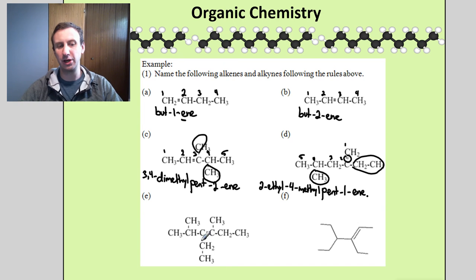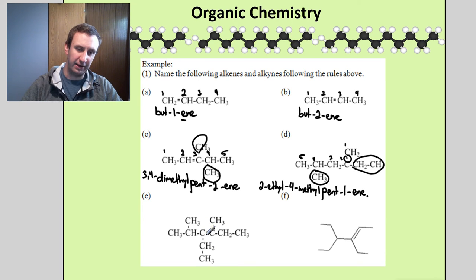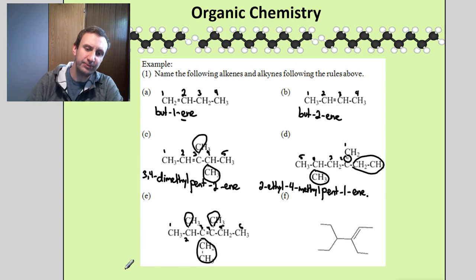Why don't you give this one a go, E, and see how you do on that. And this one doesn't matter which direction I number this in terms of the double bond. Each reaches it at a 3. However, if I go this way, 1, 2, 3, 4, 5, 6, I reach a branch on carbon number 2, as opposed to the other way where my first branch is on carbon number 3. So I have 2 methyls and an ethyl here. The ethyl is going to go first because it's alphabetically first.